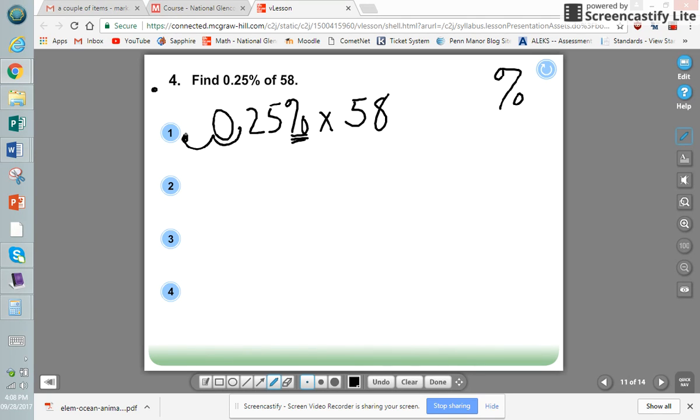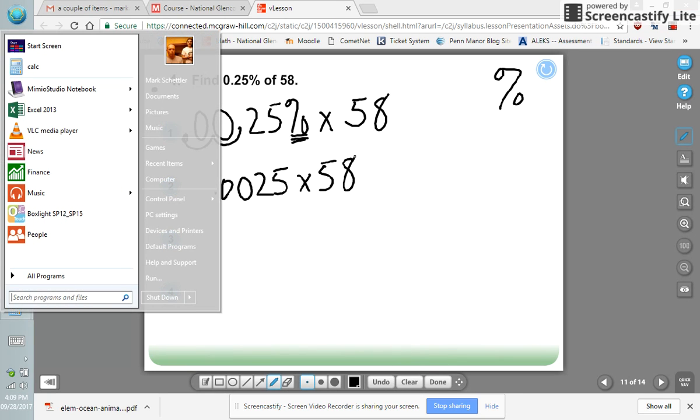Hey, there's an open space there. I'm going to fill it with the number of elephants that I can carry: 0. New equation. That's a great 0, by the way. 0.0025 times 58. And my math brain's telling me that this number is going to be smaller than 58, quite a bit smaller, considering that 25 hundredths of a percent is super small.